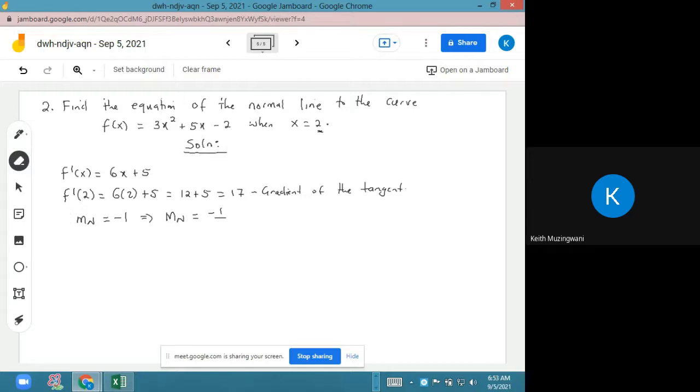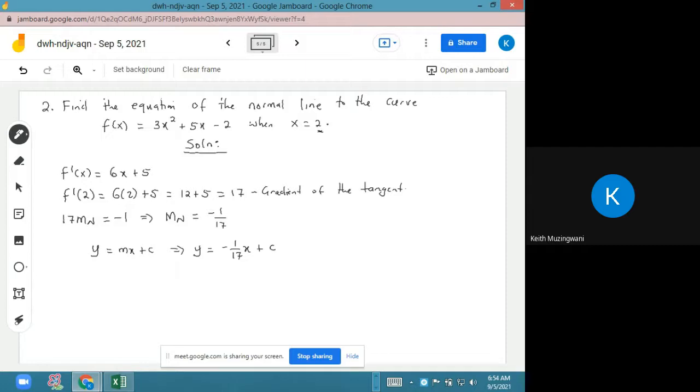This 17, when multiplied by the gradient of the normal, we must get -1, meaning that the gradient of the normal is -1/17. Okay, so the equation of the normal is y is equal to mx plus c. So y is equal to -1/17 x plus c.